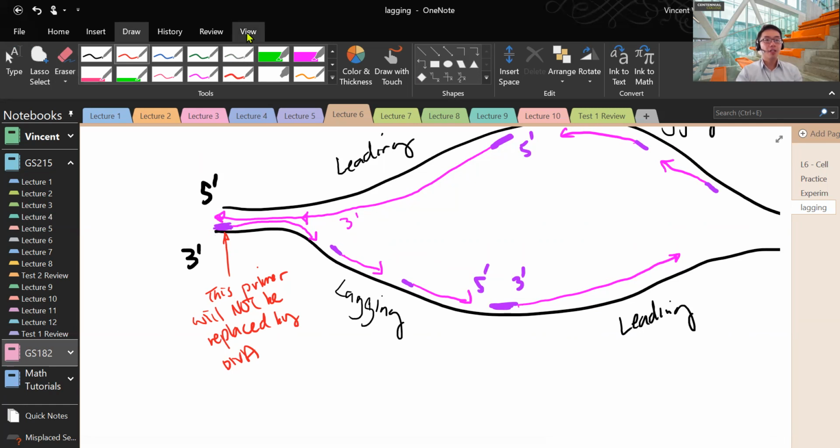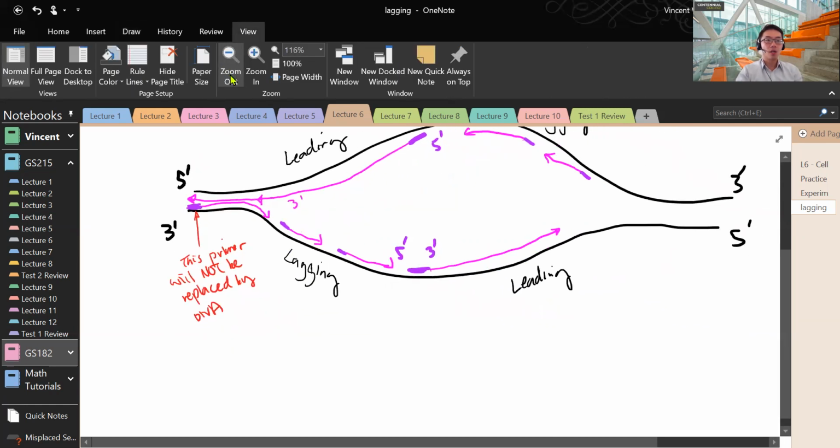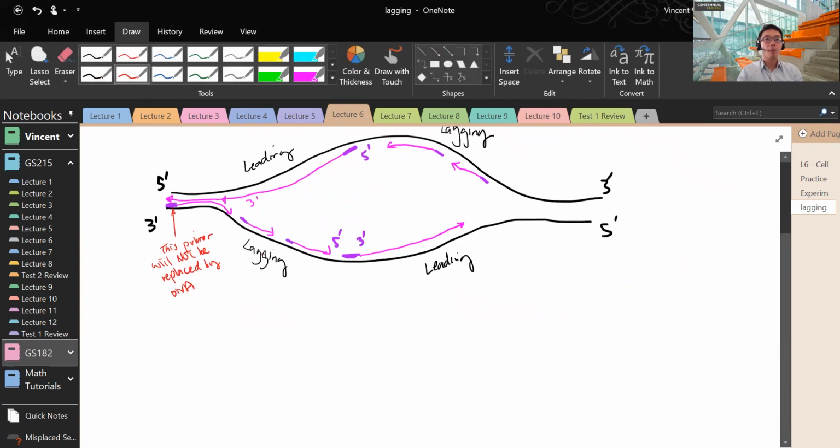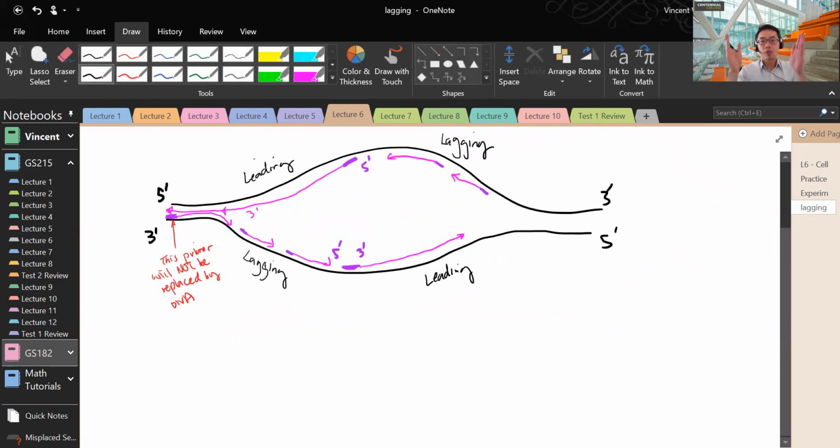So what that means is every time you divide your cell, every time you copy your DNA, the chromosome gets shorter and shorter and shorter. Okay, so if you look at the chromosome here, after each division, it will get progressively shorter and shorter and shorter. Right, so we cannot allow this.